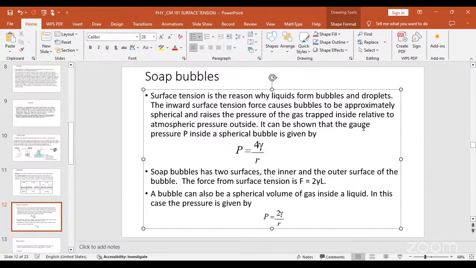When you have a bubble, there is pressure inside working to expand the bubble, and there is pressure outside working to keep the bubble in place. Just like a balloon in the air: the inside exerts a pressure on the wall to expand it more, whereas the atmosphere forces the balloon to go down.